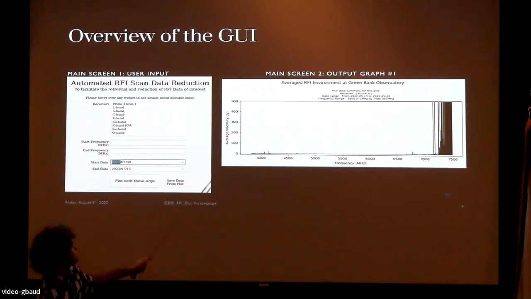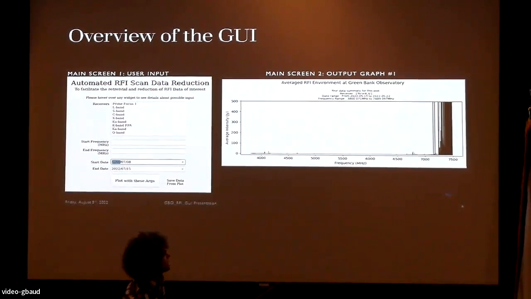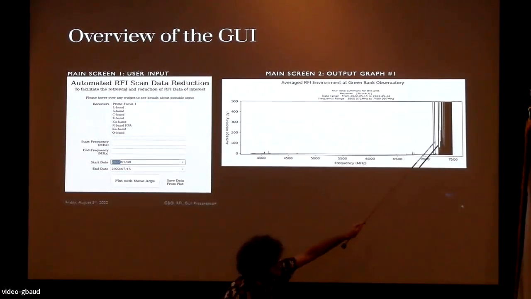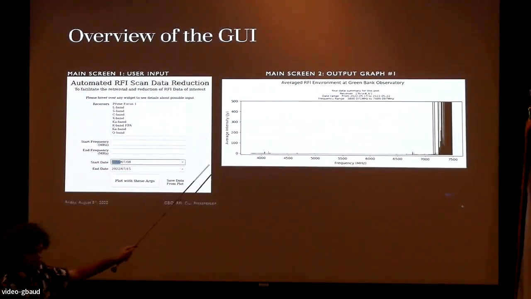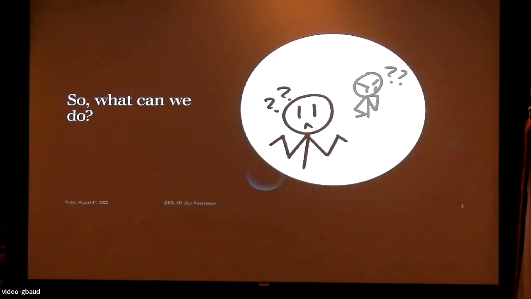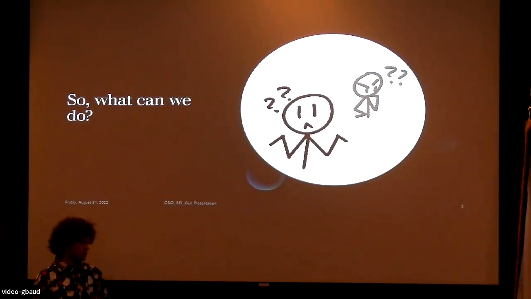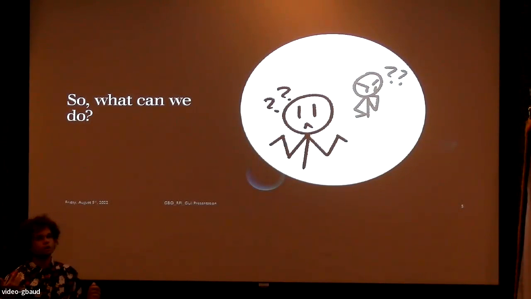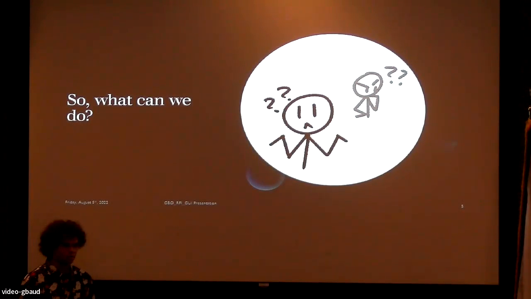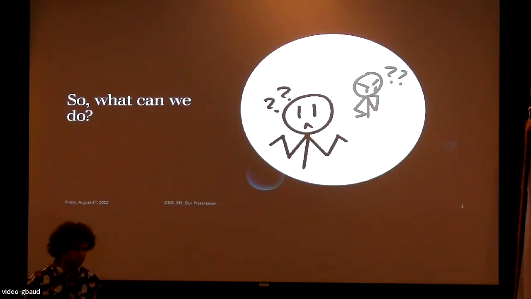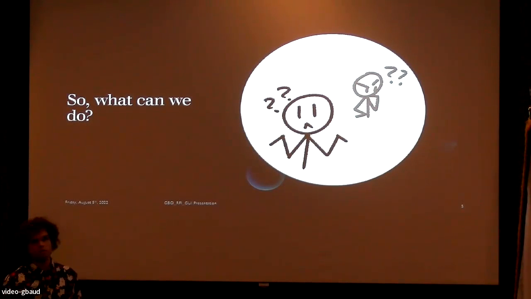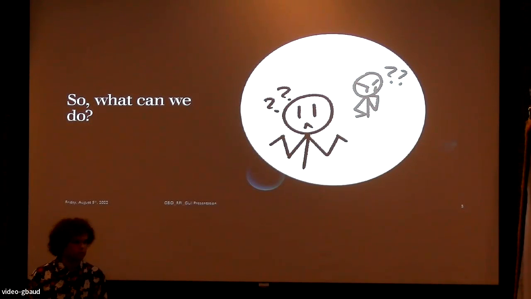It shows the average intensity of the frequency. And in this example, there's a large chunk of RFI right here. However, if you were to just look at this graph, you wouldn't know where it's from whatsoever. So what can we do? What scientists currently do is they would have other databases and resources on the side that they would cross-reference, whether that be internal databases here at the GBT, or something like the FCC radio allocation chart.